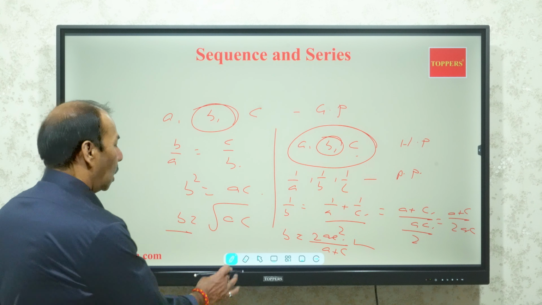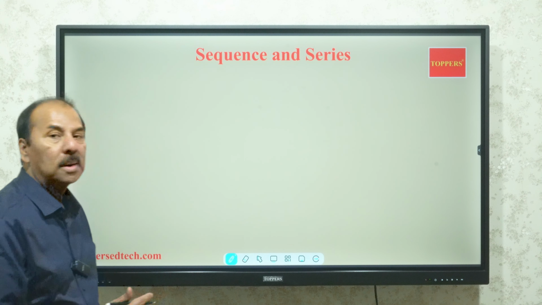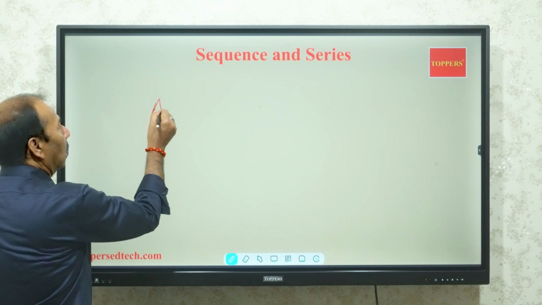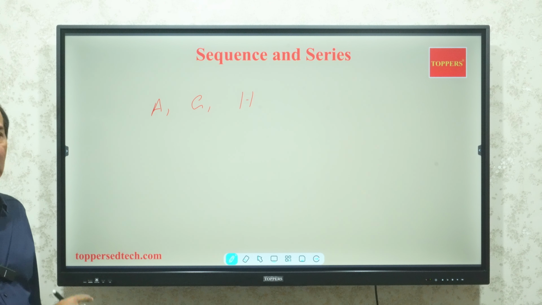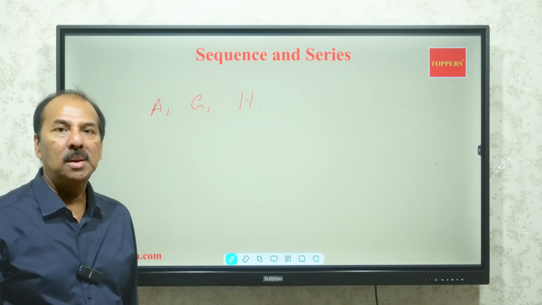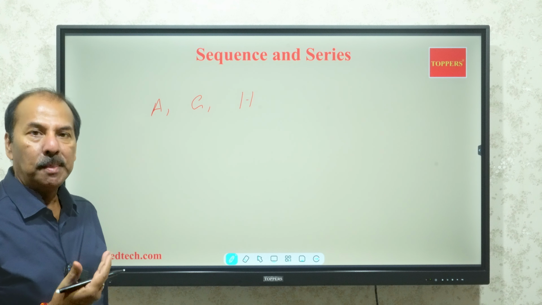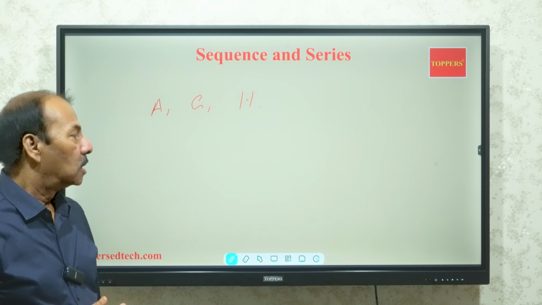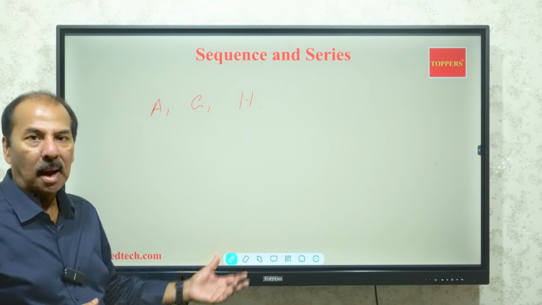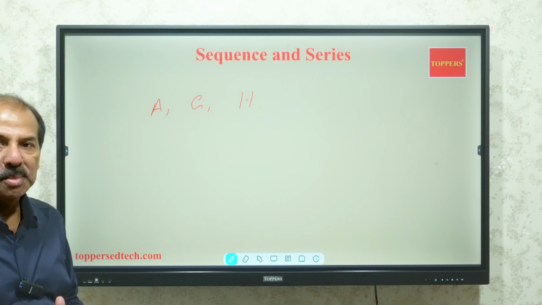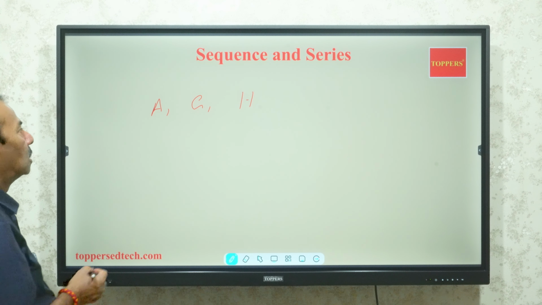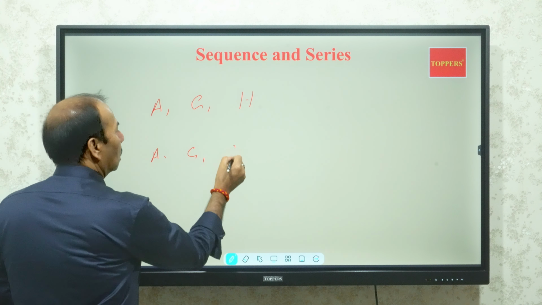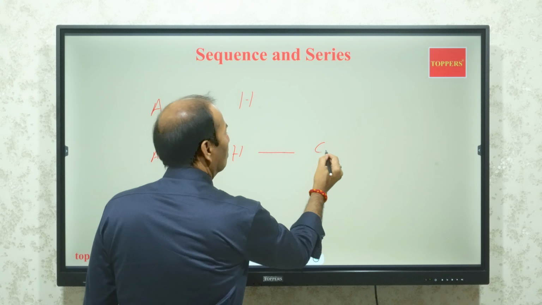Now, as far as the property, arithmetic mean, if we represent by capital A, geometric by capital G and harmonic by H, then as we have seen the values of arithmetic, geometric and harmonic mean, that is a plus c by 2, twice of ac upon a plus c for harmonic, and similarly b is equal to square root of this ac. So if you compare these three means, arithmetic, geometric and harmonic, you will find that A, G and H are in geometric progression.